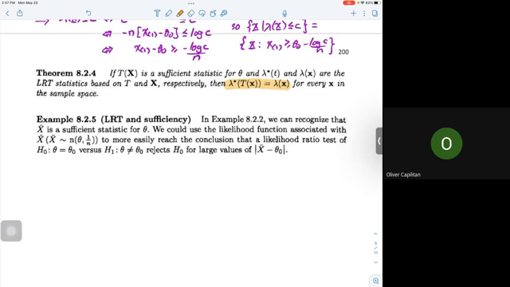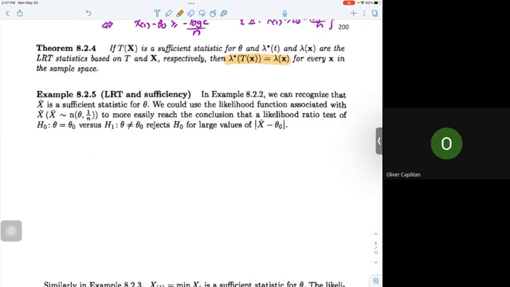Okay, so to more easily reach the conclusion that the likelihood ratio test statistic of this two-sided test rejects our null for large values of the absolute value of X bar minus theta sub 0, ito, remark lang ito sa book. Wala siyang solution. Kaya papakita ko sa inyo paano ginawa using the sufficient statistic. Okay? So, ito ngayon, ang solution.